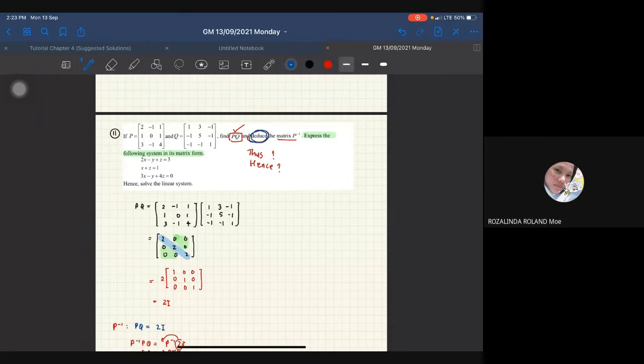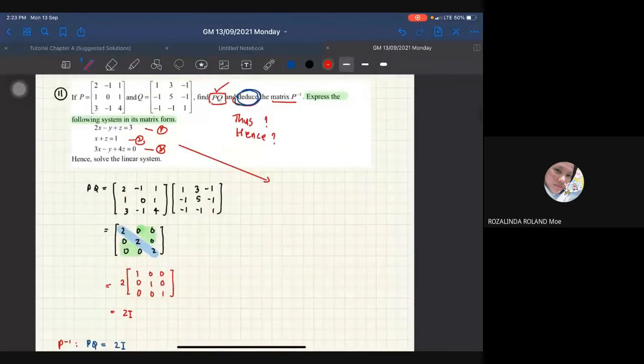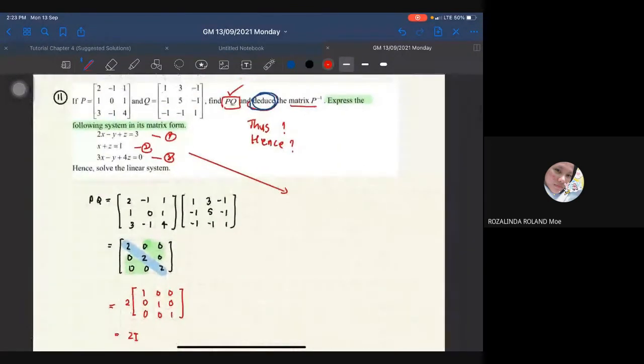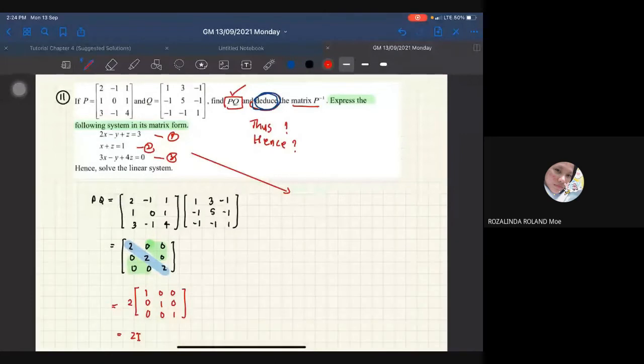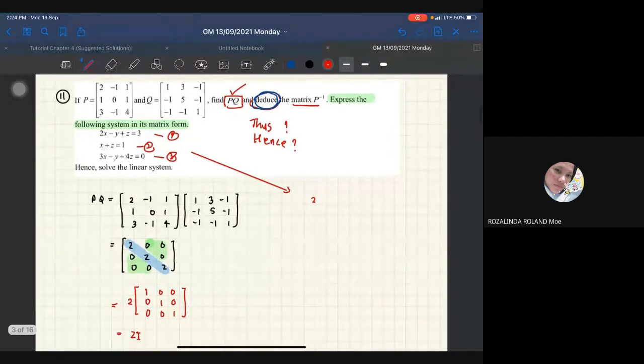It asks us to express these 3 equations in the form of a matrix. So I write it here. For every coefficient in front of X, Y, Z, let's look at the first equation first. The value of X is 2, so you just put 2 over there. Then the value in front of Y is -1, and the value in front of Z is just 1. So that is settled for the first equation.